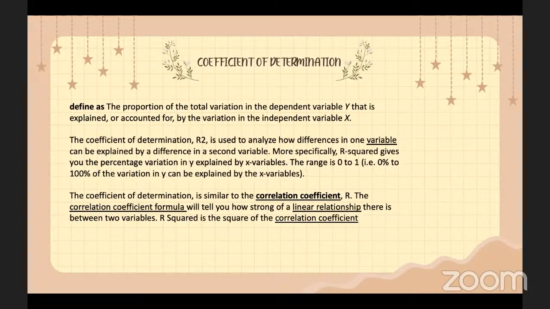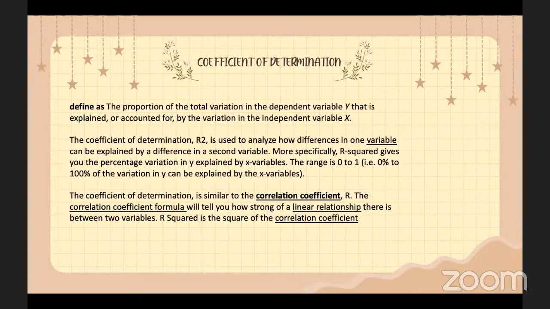More specifically, R squared gives you the percentage variation in y explained by the x variables. The range is from 0 to 1, or 0% to 100% of the variation in y that can be explained by the x variables.